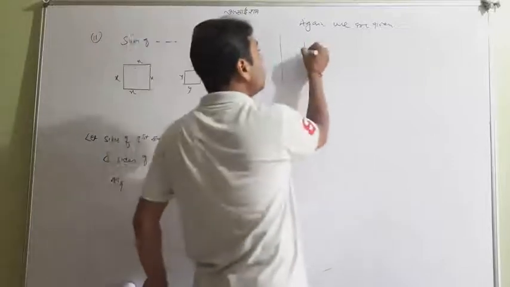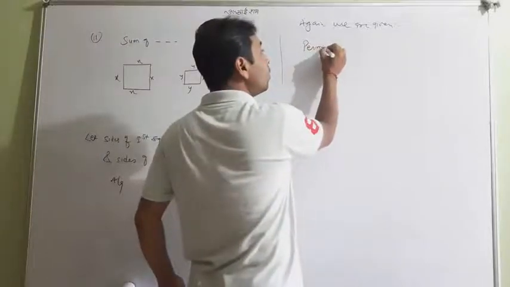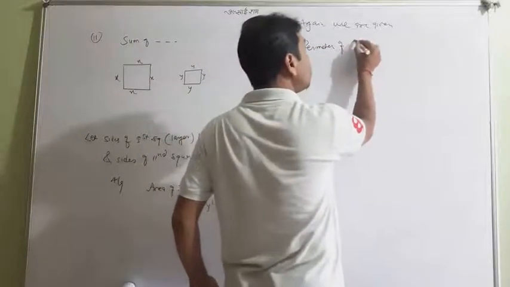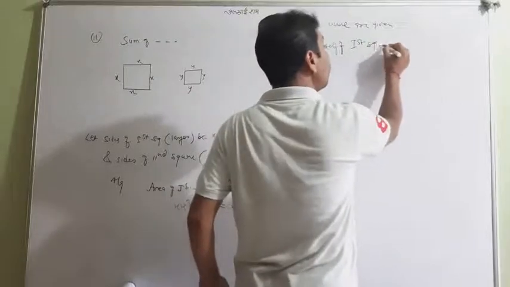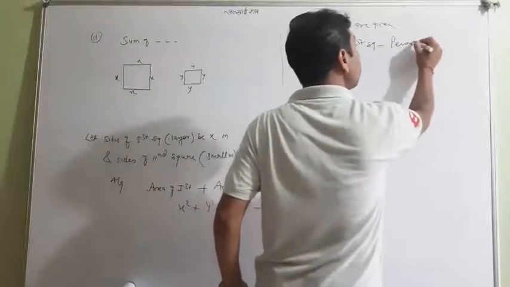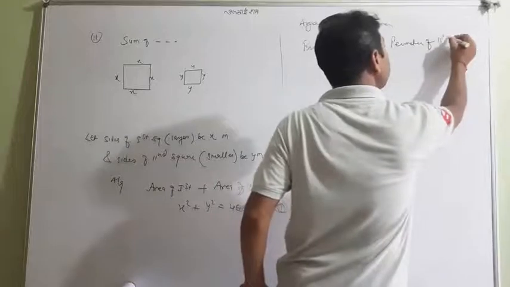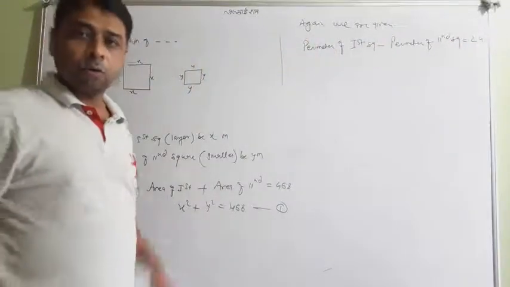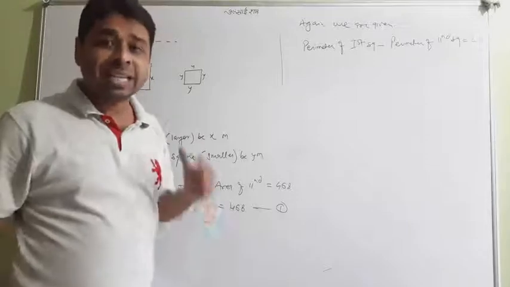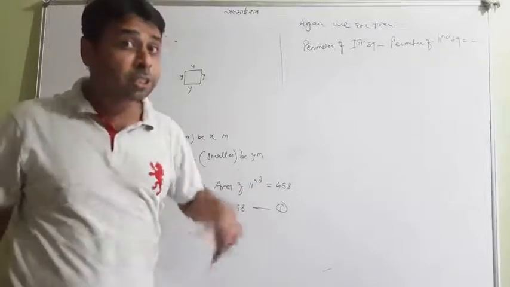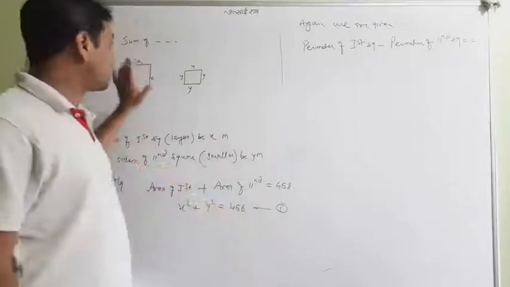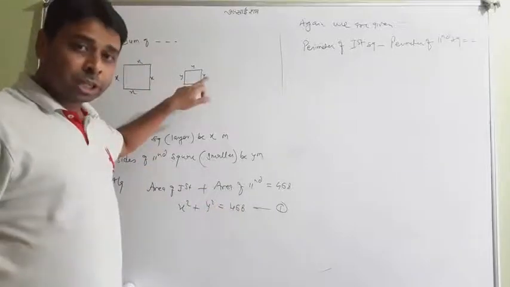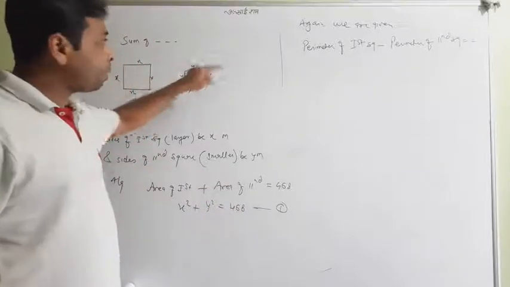So I'll write here perimeter of the large first square minus perimeter of the second square equals 24. Question says clearly that difference between their perimeters is equal to 24. So our big square is this one and small square is this one.